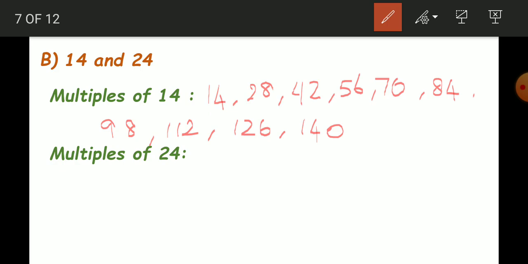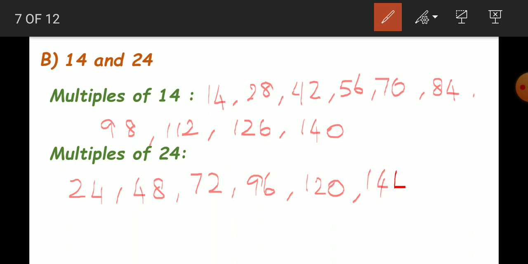Now start writing the 24 table. 24 ones are 24, 24 twos are 48, 24 threes are 72, 24 fours are 96, 24 fives are 120, 24 sixes are 144.